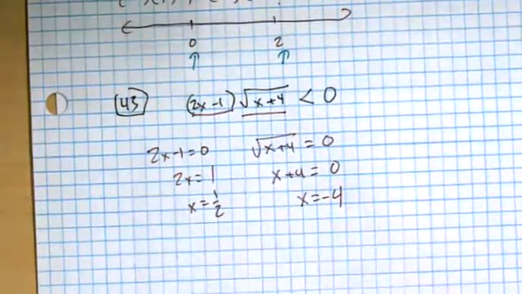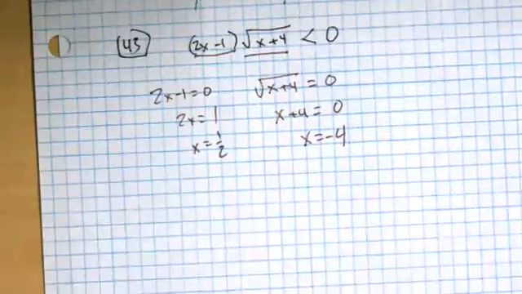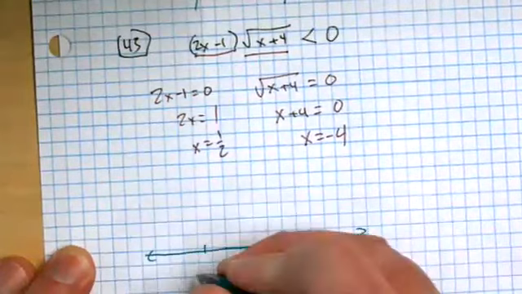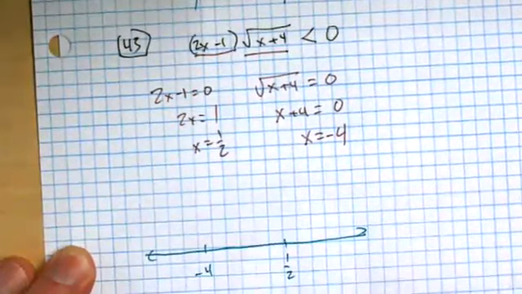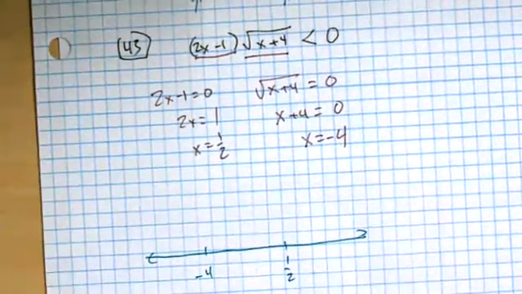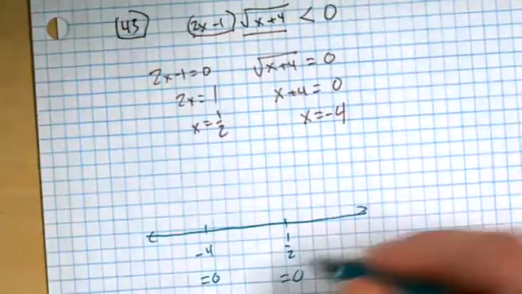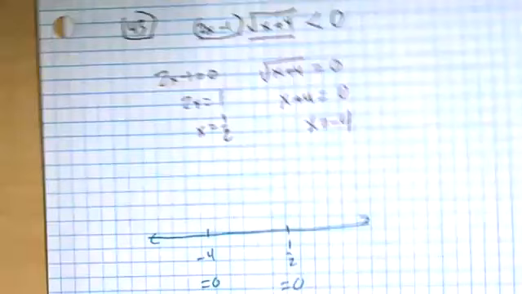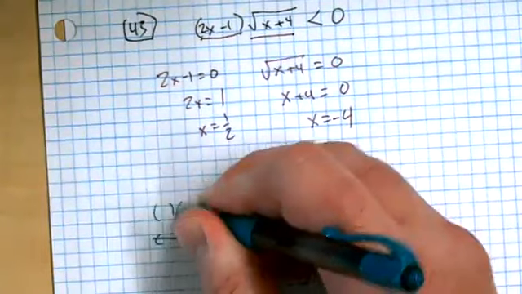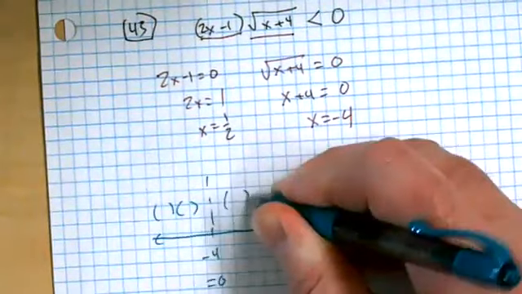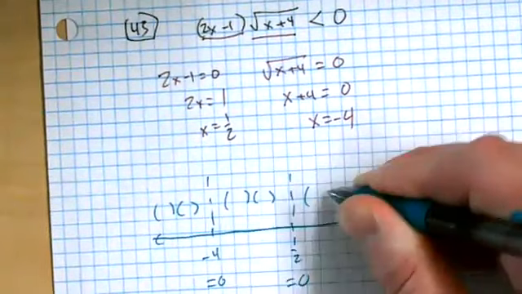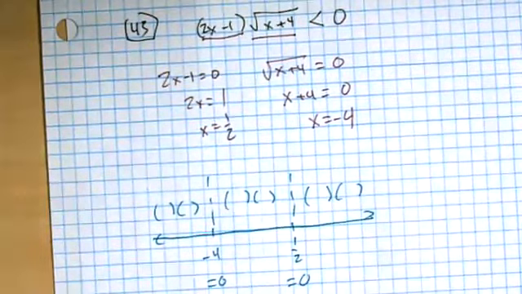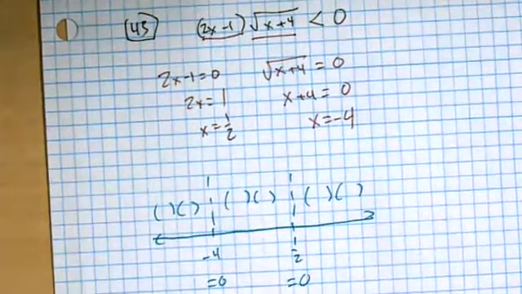So let's go ahead. We're interested in where it's less than 0. We have two factors, so our regions, and we'll pick some test points and put some values in.